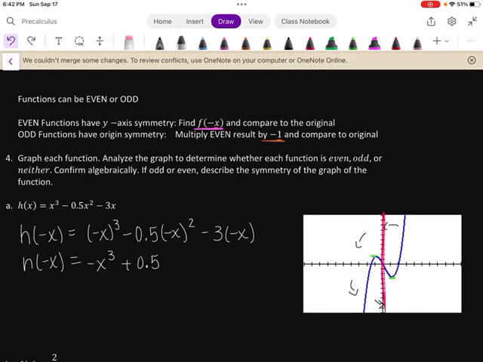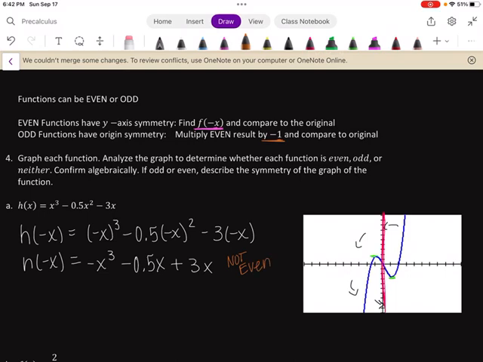Nope, not plus 0.5. I'm sorry. I was doing that too fast. Minus 0.5. Negative x squared is just positive x squared, so nothing would change with that. But here it becomes a positive 3x. So is this the same as the original? No, so it's definitely not even.